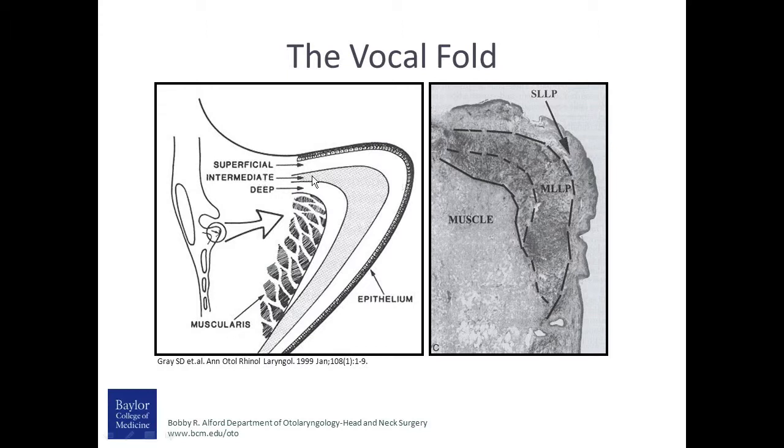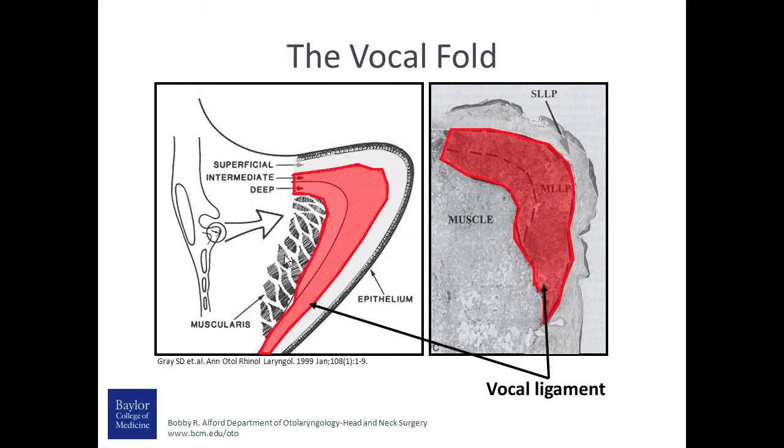And then beneath that is going to be your muscle, which is most medially going to be referred to as the vocalis muscle, or the thyroarytenoid muscle. The intermediate and deep portions of the lamina propria of the vocal fold are referred to as the vocal ligament.